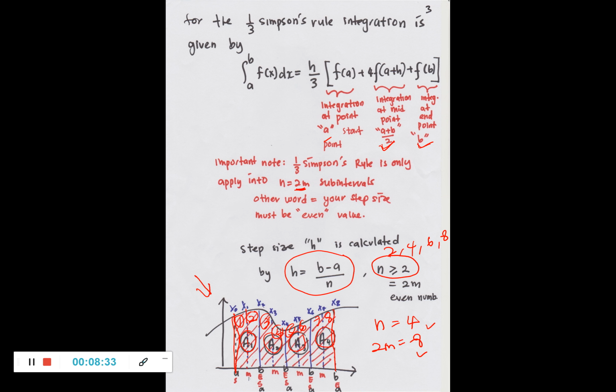Pada semua titik tengah ini you akan buat integration. So dalam kes ni you punya titik tengah adalah pada titik fx1, fx3, fx5, fx7. Kalau saya bagi kepada 4 segmen, so this is my titik tengah at odd point. Ada pada titik yang ganjil.